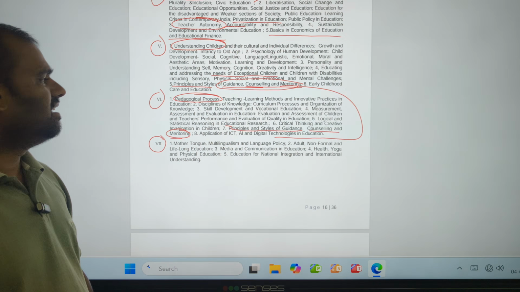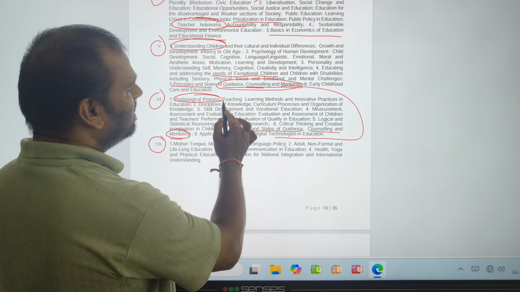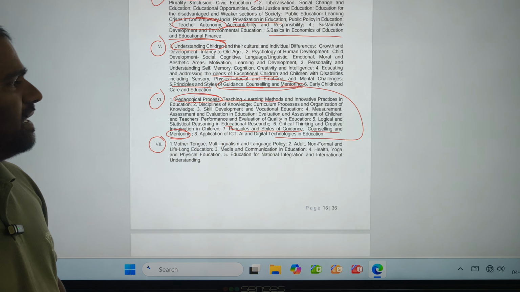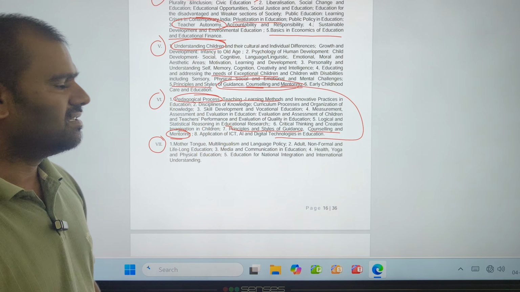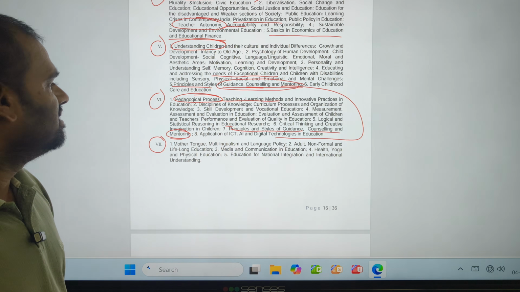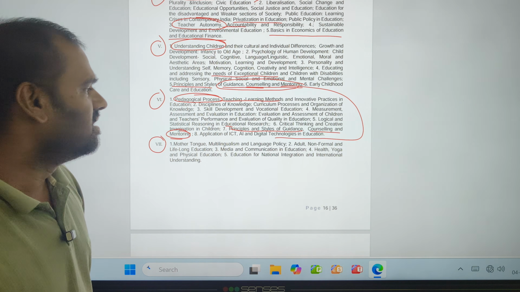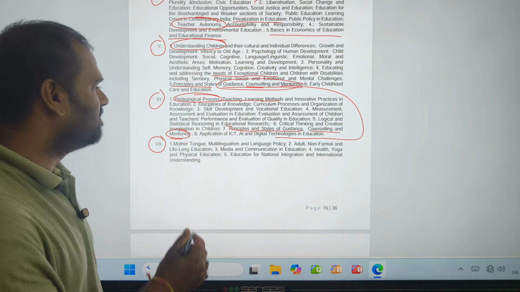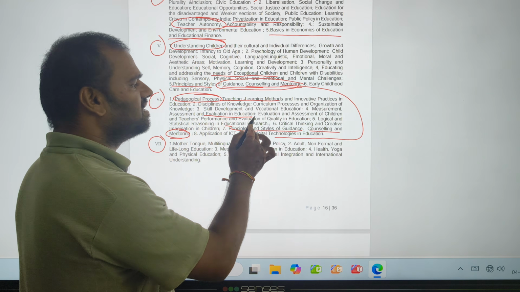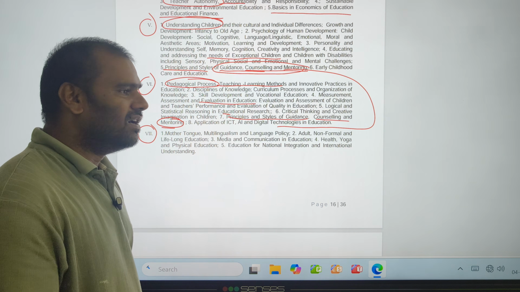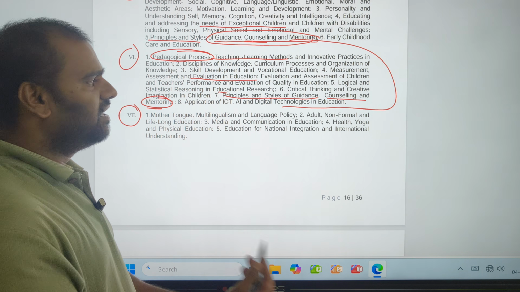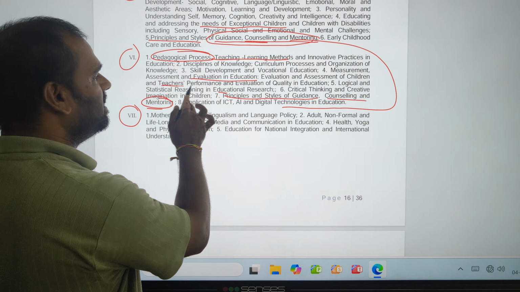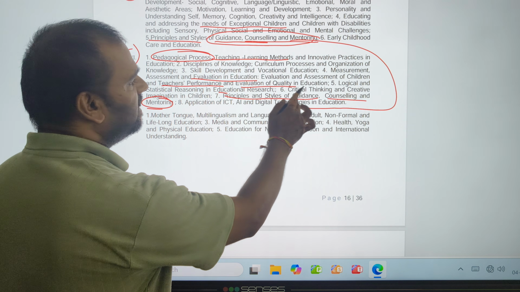Okay, and under this pedagogical process, what are the teaching-learning methods and innovative practices in education, disciplines of knowledge, curriculum processes and how the curriculum is organized. Okay, organization of knowledge, skill development, vocational education, measurement, assessment and evaluation in education. What are the types of evaluation, what is the need for evaluation, why we have to evaluate, and assessment of children's and teachers' performance also, and evaluation of quality in education.